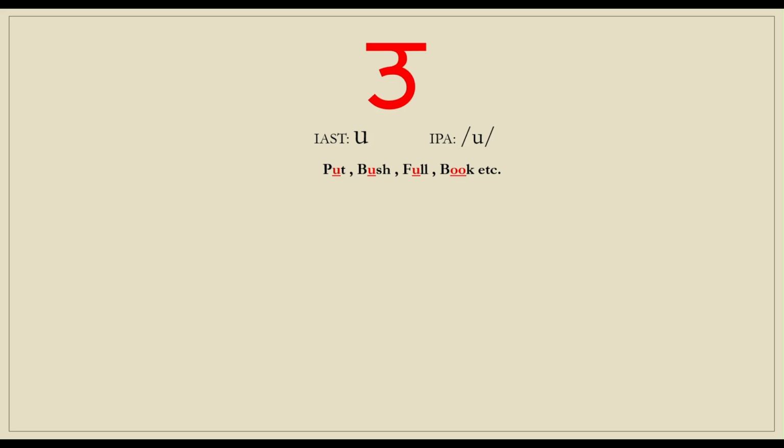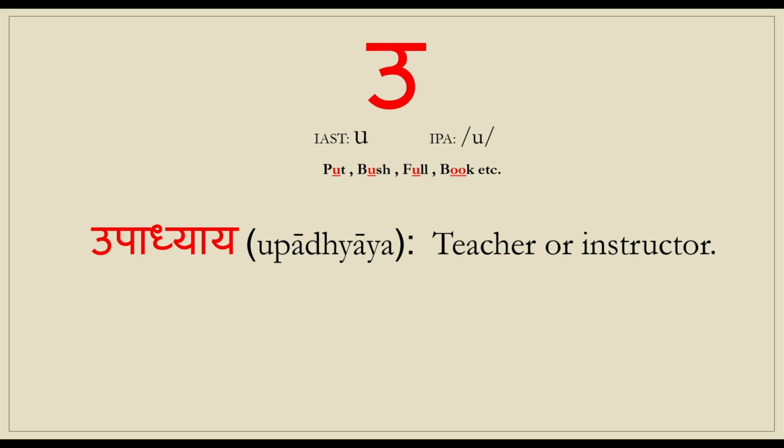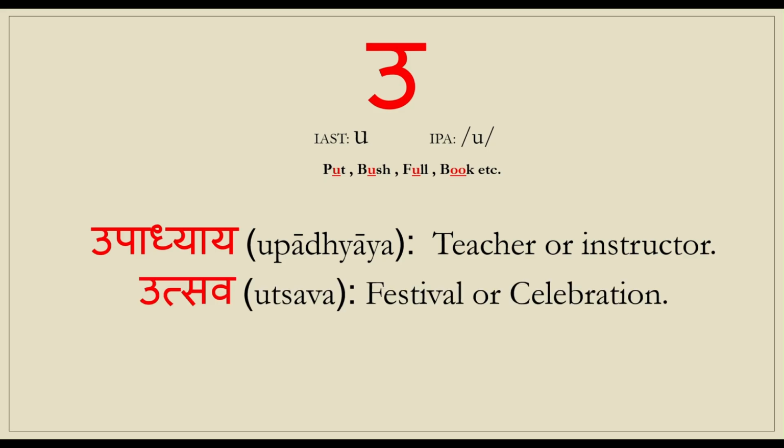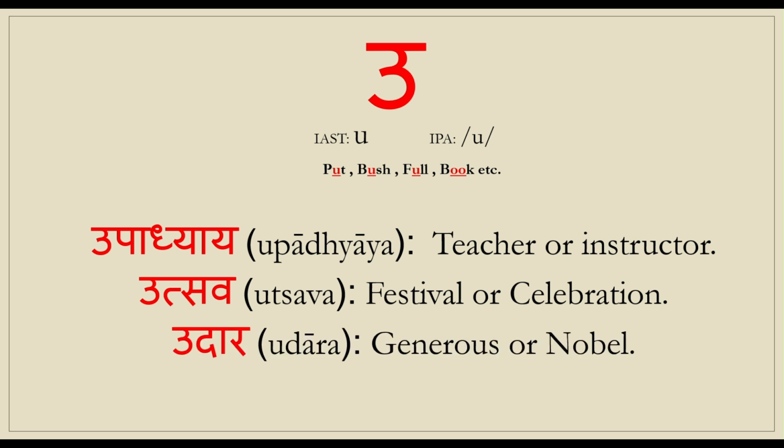The Sanskrit examples that can help us to understand this vowel even more are the word upadhyaya, which means teacher or instructor, the word utsava, which means festival or celebration, and the word udara, which means generous or noble.